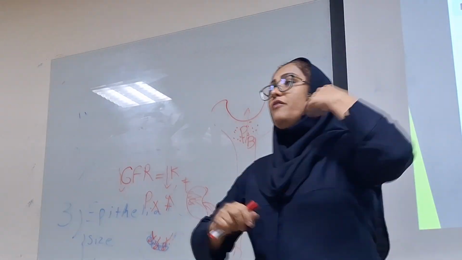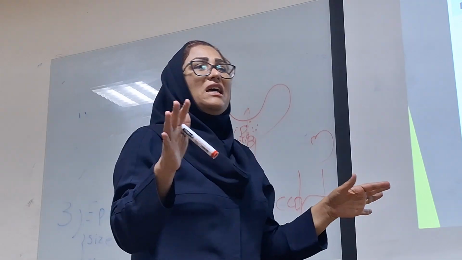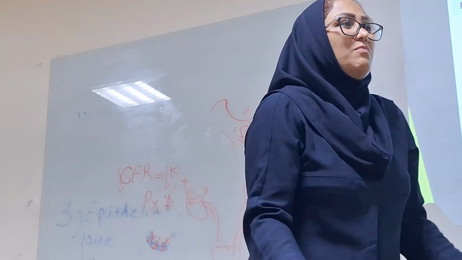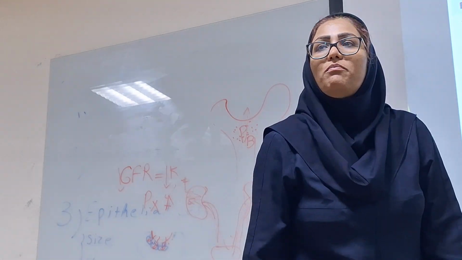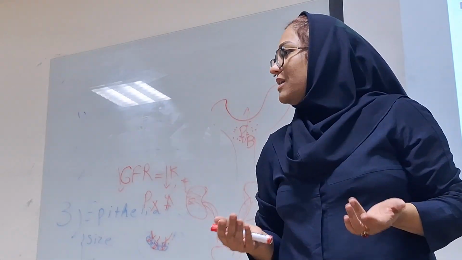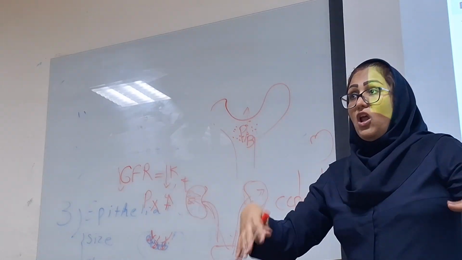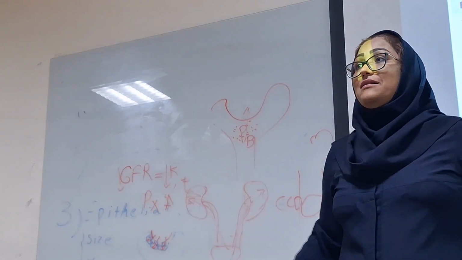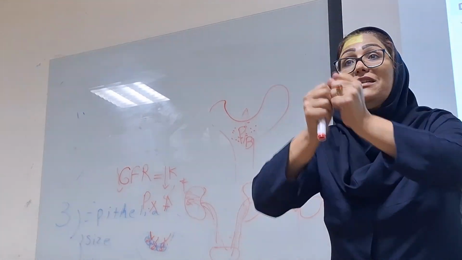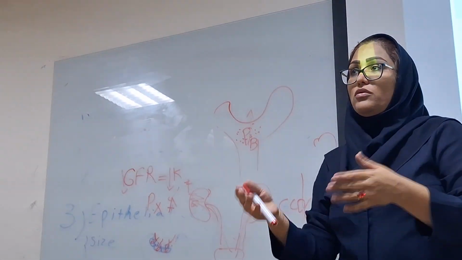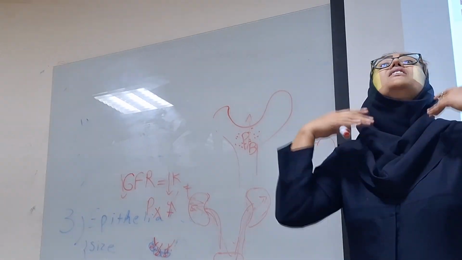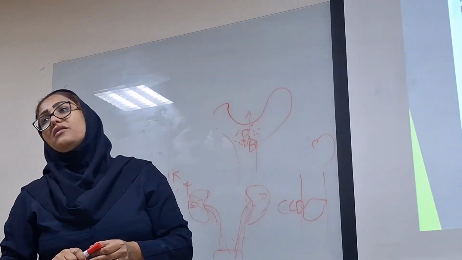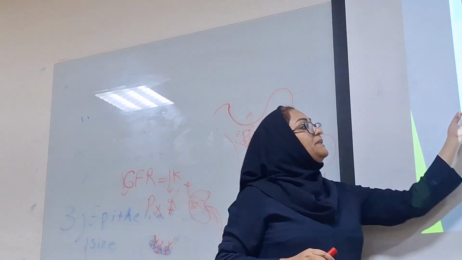When blood flow is slow, blood remains here more than normal and plasma is filtered more than normal. Proteins of blood accumulate here and pull water more than when blood flow is normal. For this reason, pi G increases, and it decreases GFR.